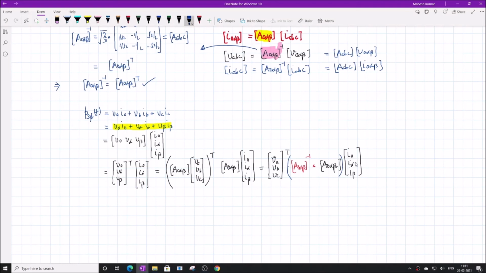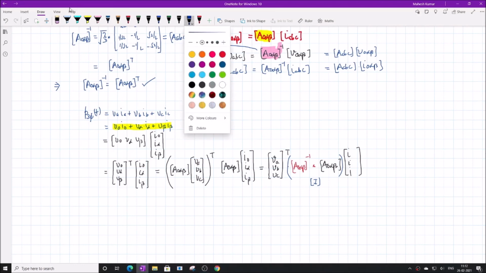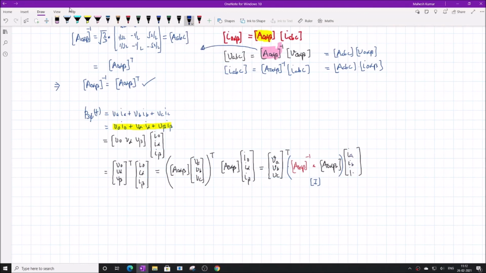So this becomes identity matrix I, and when I is multiplied both the sides, it gives the same product as VA, VB, VC transpose into IA, IB, IC. This is IA actually. So correct this. IA, IB and IC, not alpha. So this is IA, IB and IC.